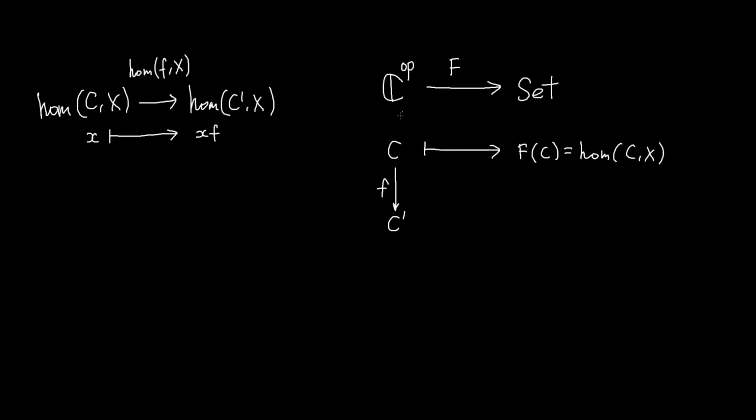We're not thinking in terms of the C category yet. We're thinking in terms of the category C op. So in C op, let's say we've got a morphism f from C to C prime. Then a functor must map a morphism to a morphism in the other category. So of course, in the category of sets, morphisms are functions. So it must map the morphism f to a function from Hom(C, X) to Hom(C prime, X). So that's what F of f should do.